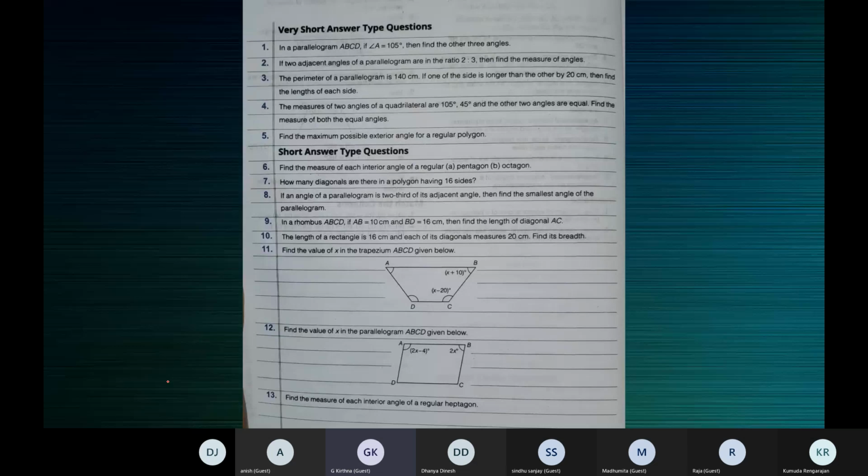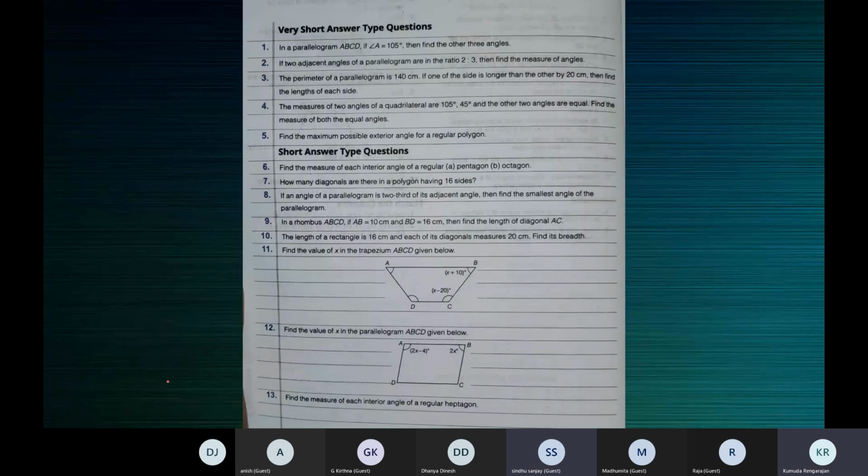N into n minus 3 by 2. Ma'am, completed the 8th one. Yeah, good.